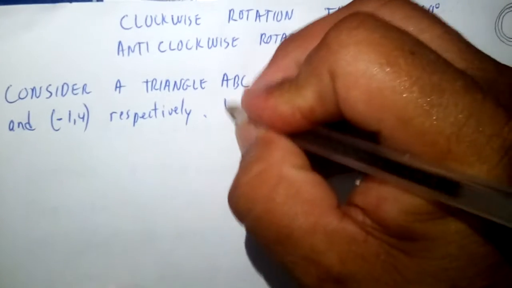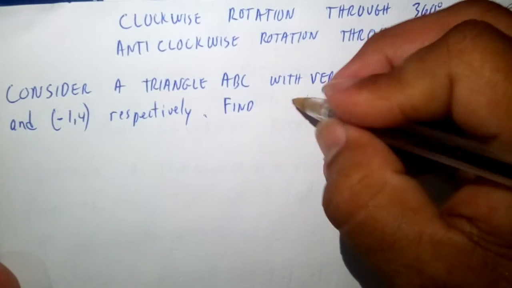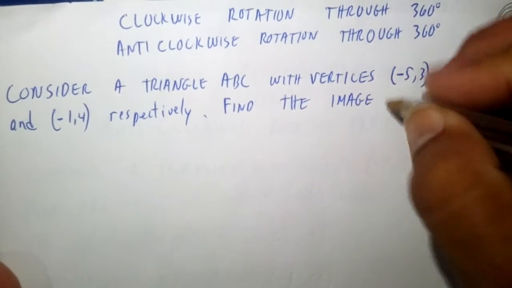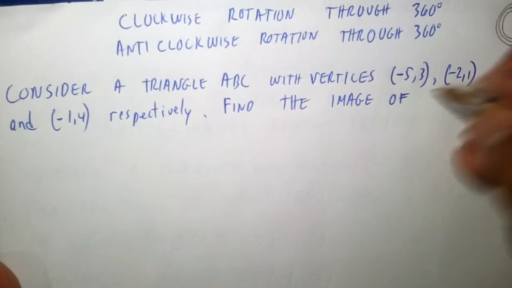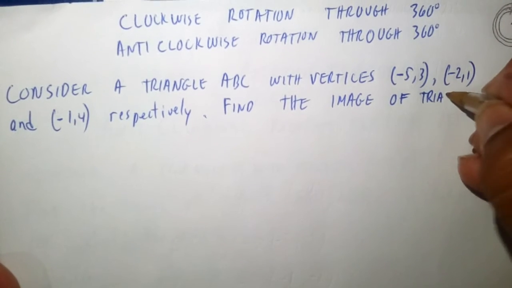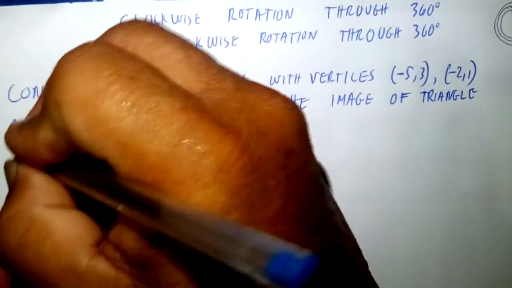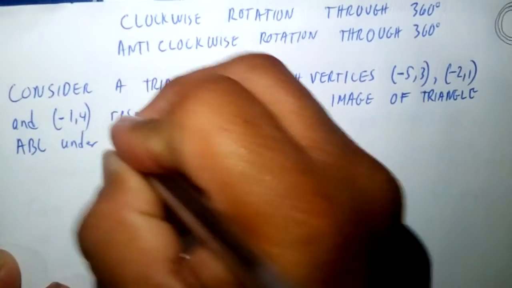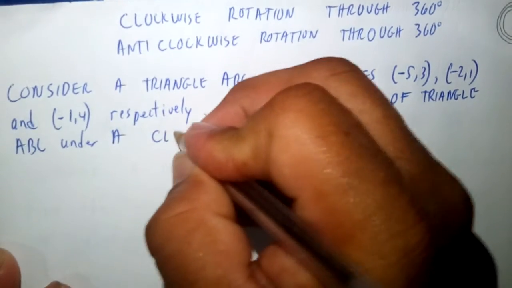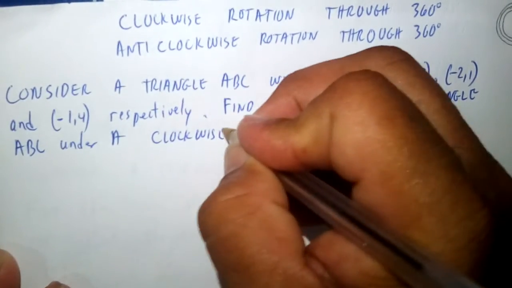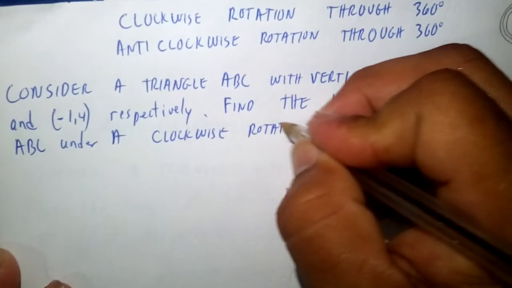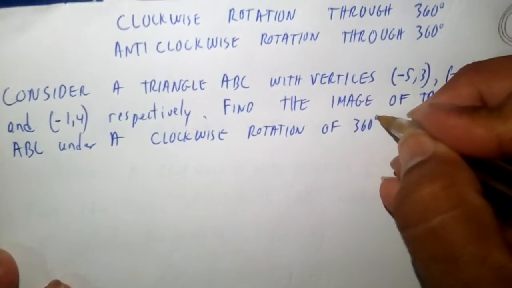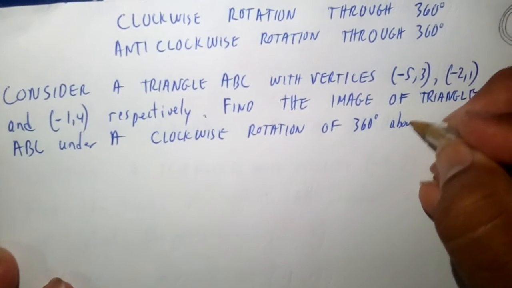So it says now, find the image of triangle ABC under a clockwise rotation of 360 degrees about the origin.